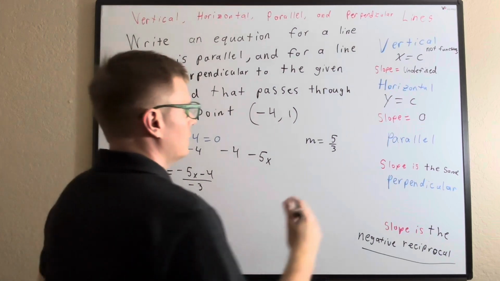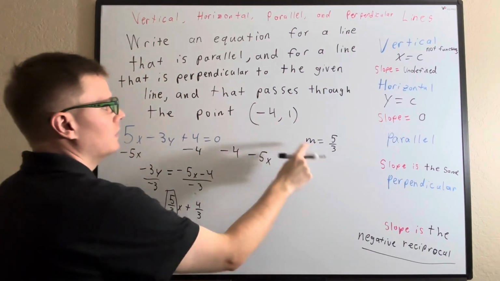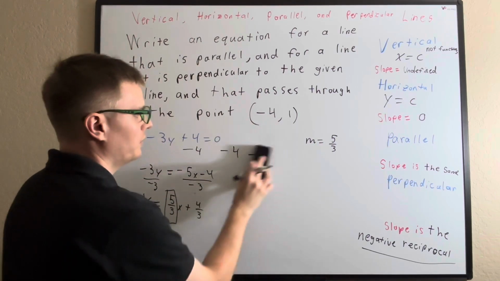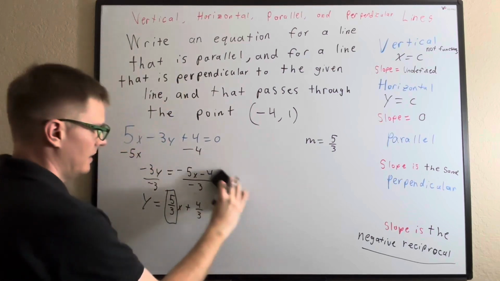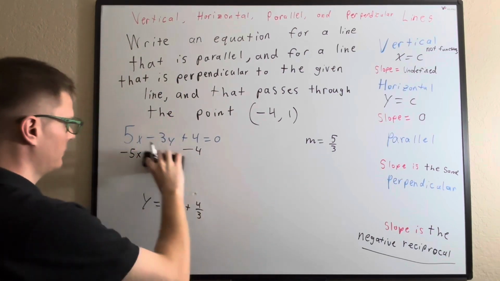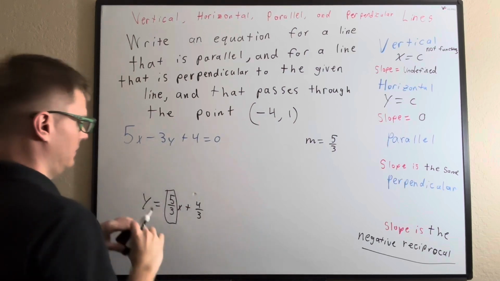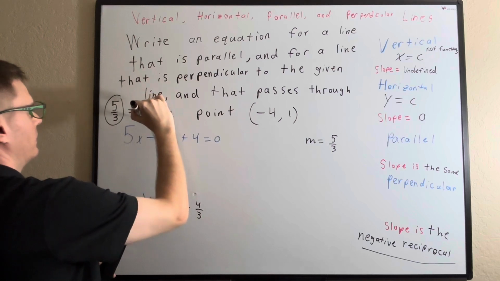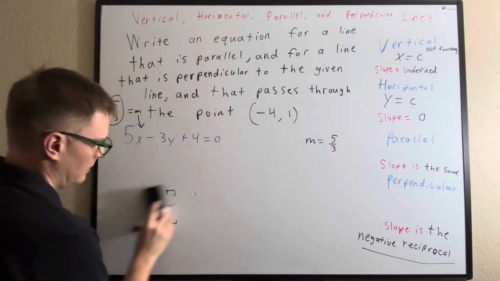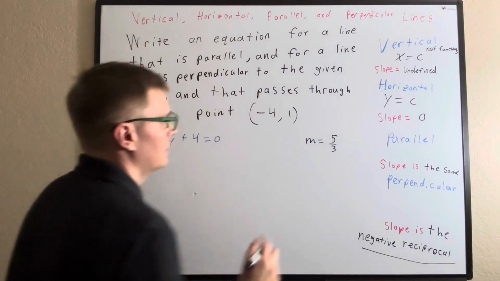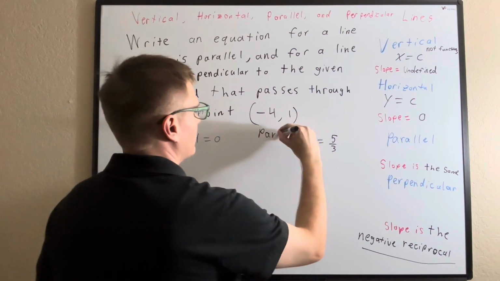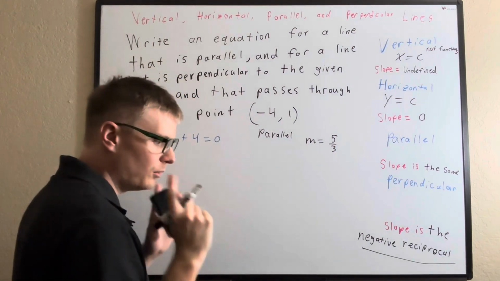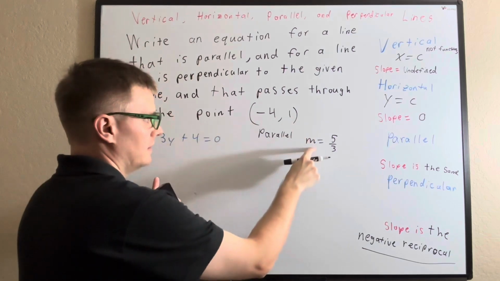Okay. And we know that the equation of the line that we're trying to find is going to pass through that point, -4, 1. Let me just delete this here to make room. Let's just write 5/3 over here. That's our slope for this, and erase that to make room. All right, so we're looking for the parallel answer, right? So we need to use our point-slope equation, right?